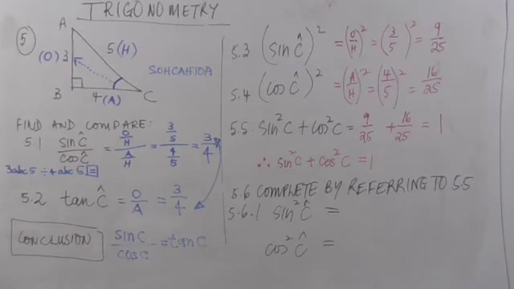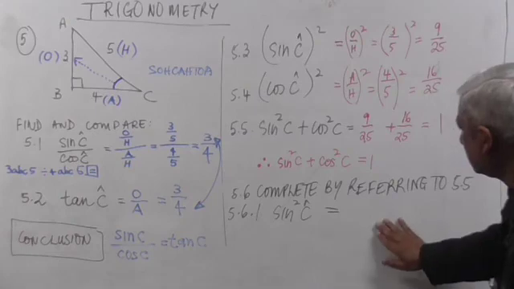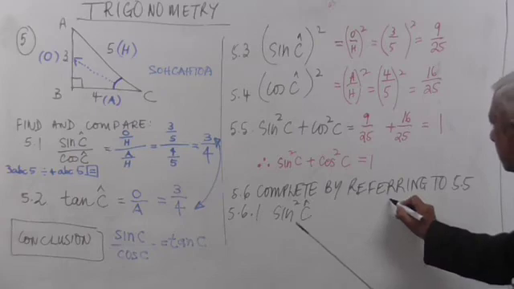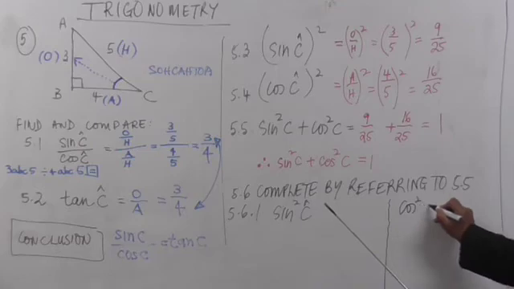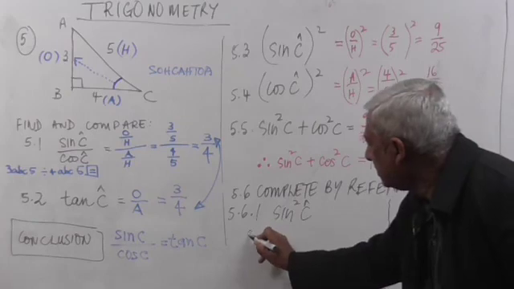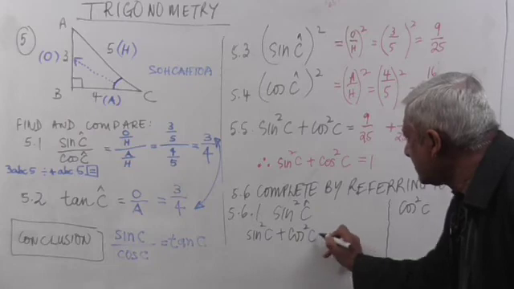Alright, now, what is another answer for sine squared C? I'm going to do them one by one. Let's do sine C there, and I'll do cos squared C here. For this answer, I am told that sine squared C plus cos squared C is equal to 1.